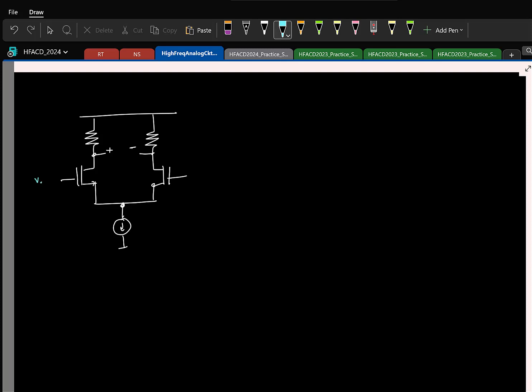So if, let us say, I give a differential signal, what is this potential? Ground, 0. So the differential mode half circuit then is this. I can take only one half of the circuit and analyze. Here I'll have VID by 2, and let us say this is VOP. So what is VOP?